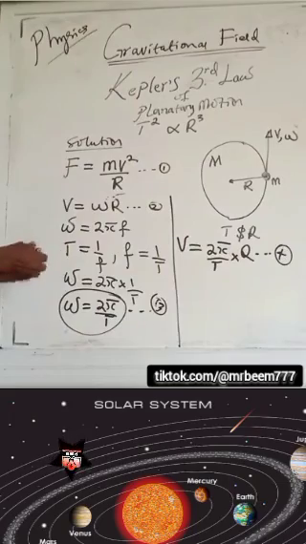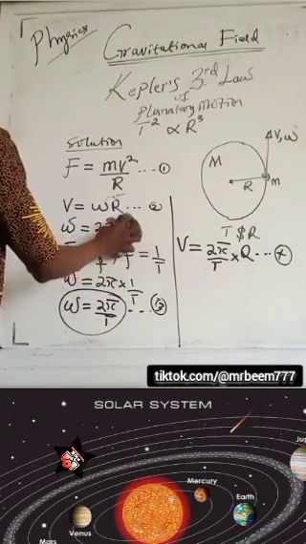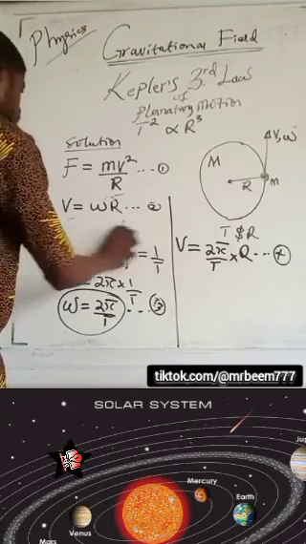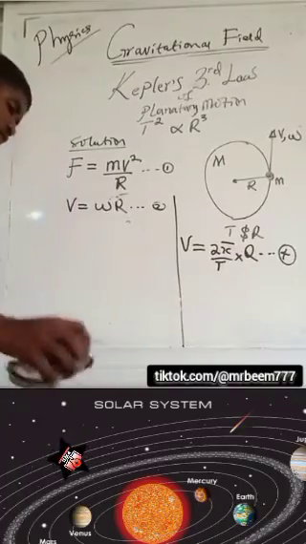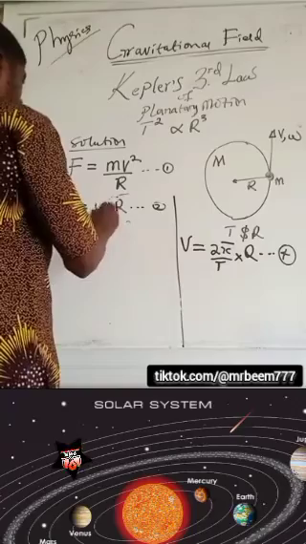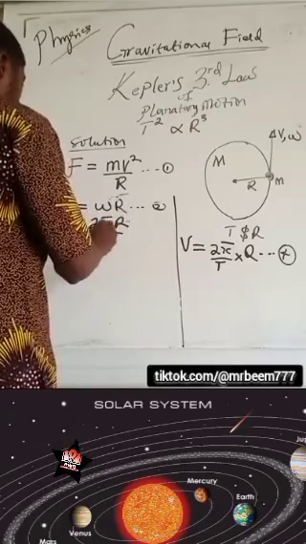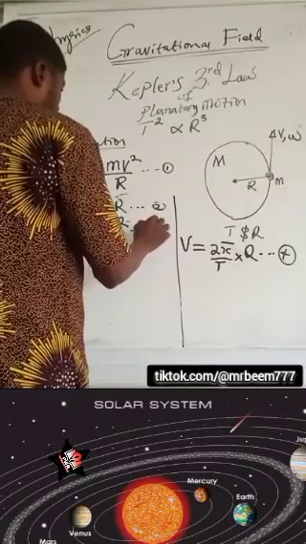So we have harvested the number of equations that we need in this derivation. Equation number 4 is one of them. We have v is equal to 2 pi r all over T. This is equation number 4.